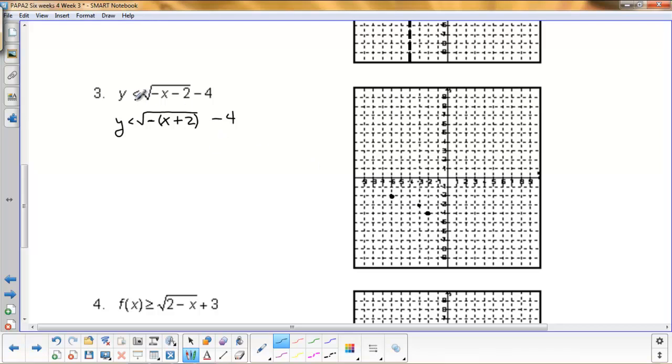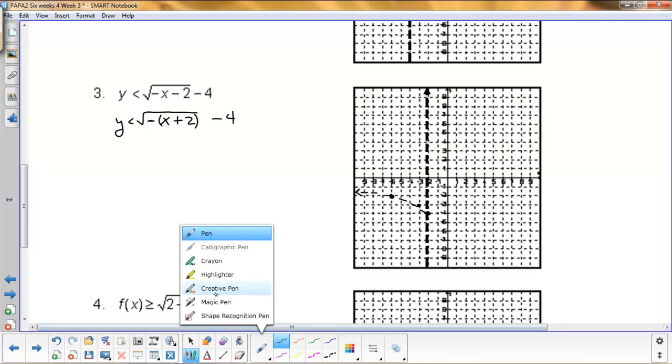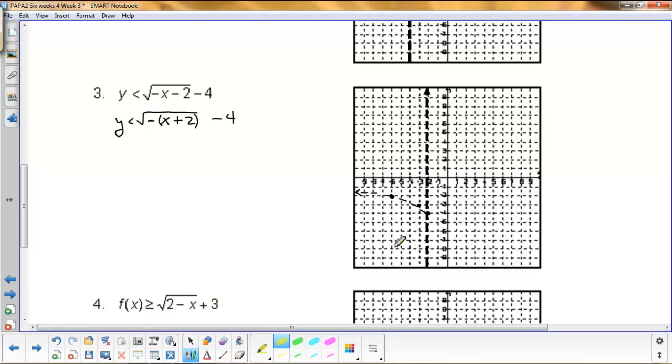Next, we have to identify the less than, so that is going to be a dotted line in this direction. And recognize the boundary begins at -2. There are no defined values on the square root function greater than -2, which is why we define that boundary line using that.